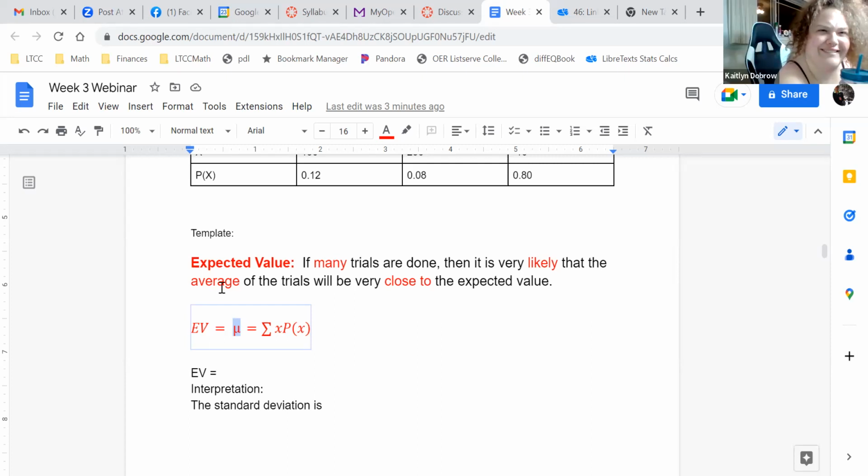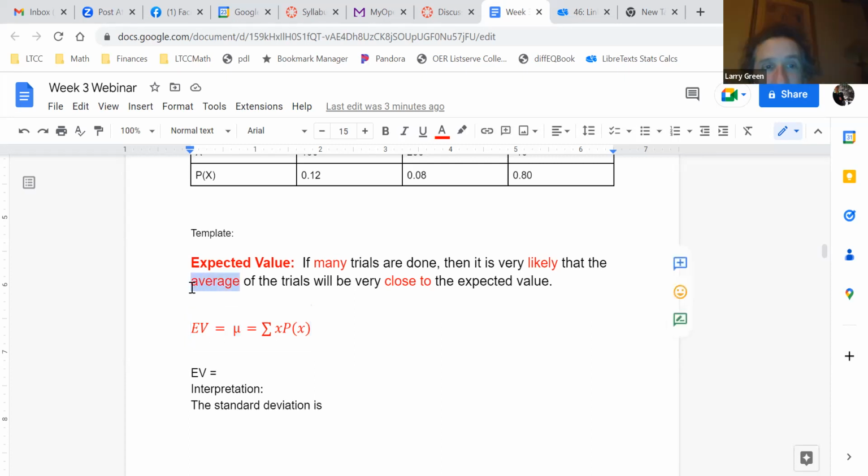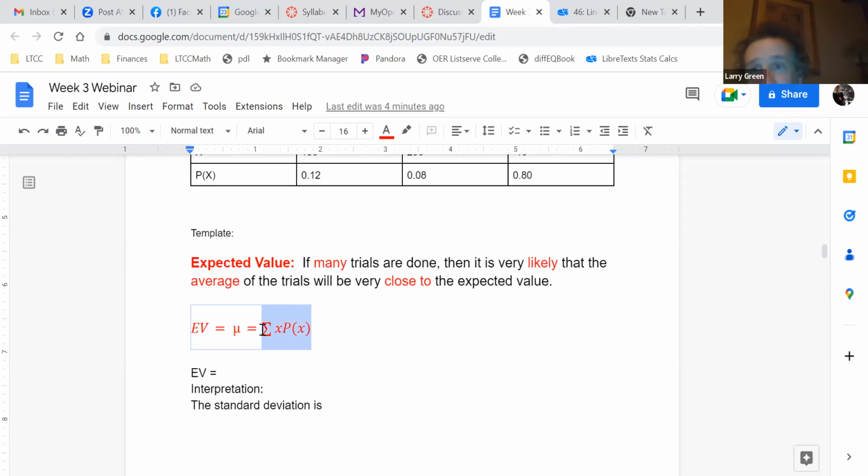Average. Okay, so the expected value talks about an average, kind of an average in the long run. Do you see how that works? So that's why they often use the letter mu, but EV reminds you that we're dealing with expected value. And this is the formula which you're not going to have to use.